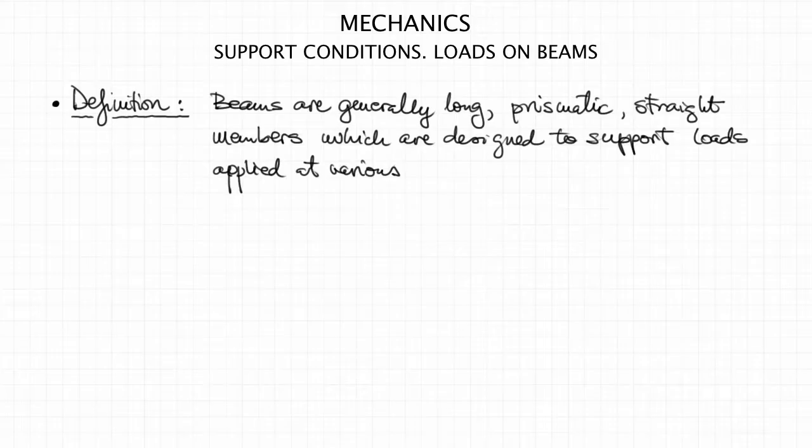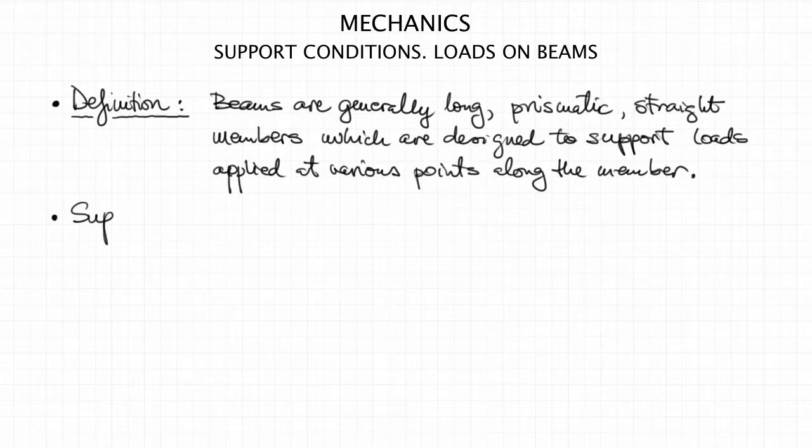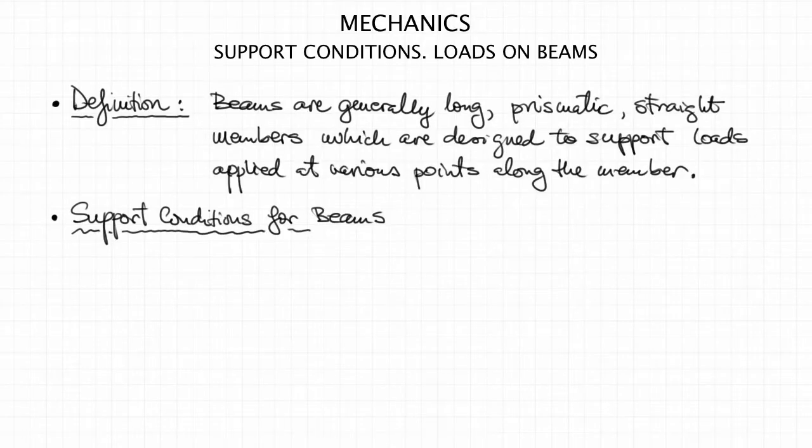So you can see a lot of beams in many different structures, often supporting floors or roofs, and they are in turn supported by columns. So that's why the support conditions for beams, the way they are supported, are important in the methods of analysis that we use when we study beams.